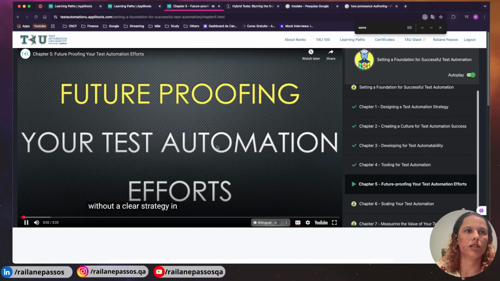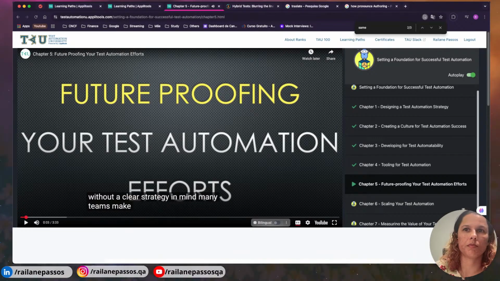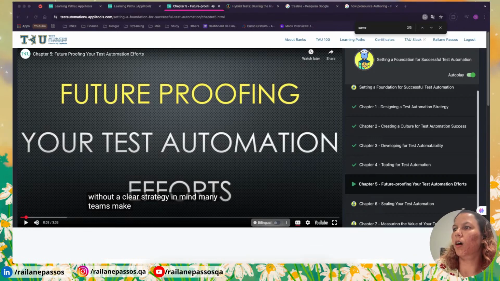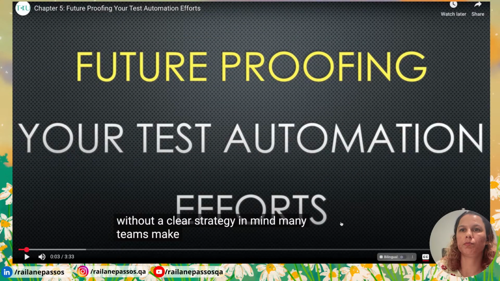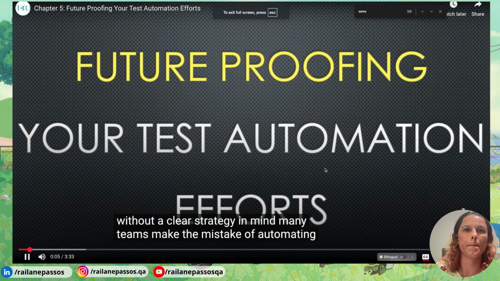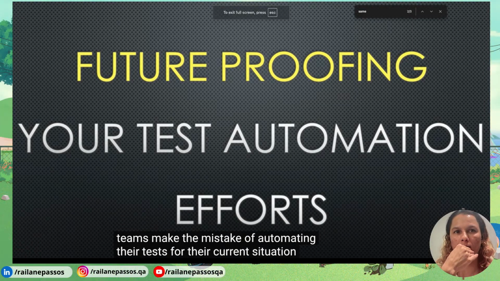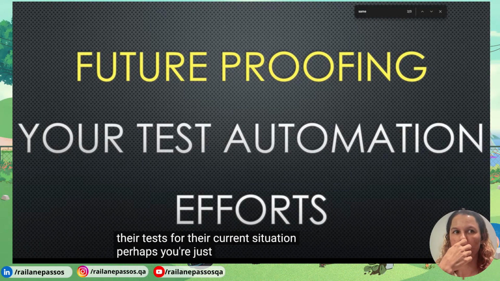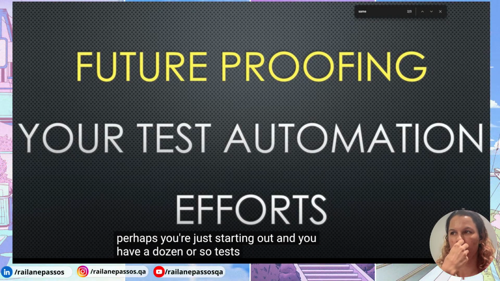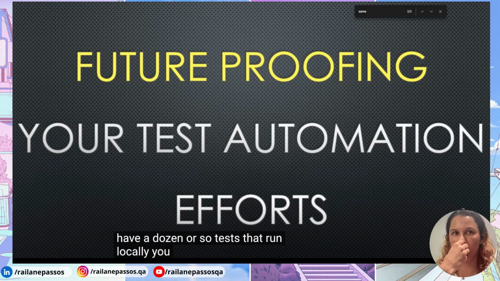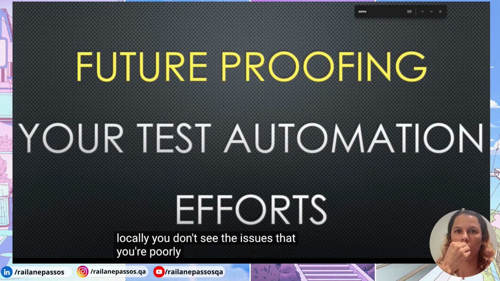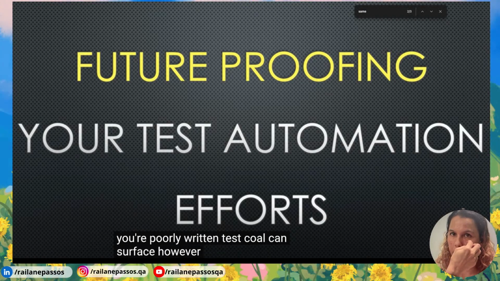Without a clear strategy in mind, many teams make the mistake of automating their tests for their current situation. Perhaps you're just starting out and you have a dozen or so tests that run locally. You don't see the issues that your poorly written test code can surface.